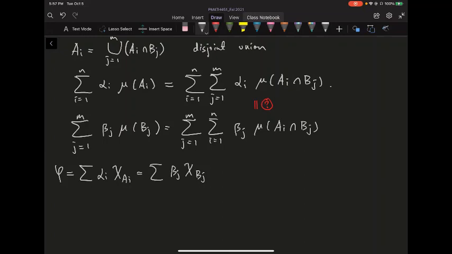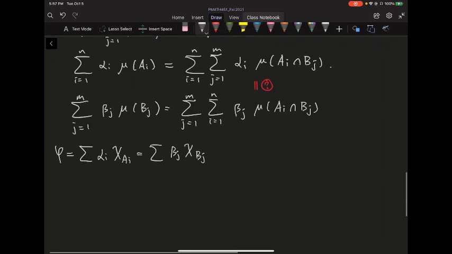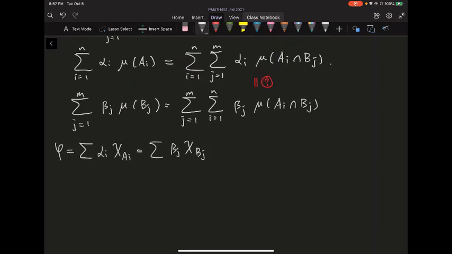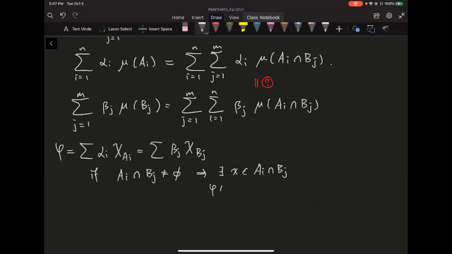So if A_i intersect B_j is non-empty, then I can pick an x inside the intersection A_i intersect B_j, and if I evaluate phi at this x, again because my choice of A_i and B_j are partitions, they're all disjoint.